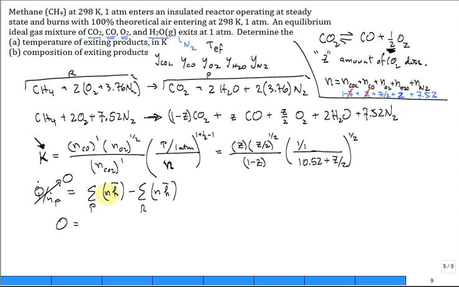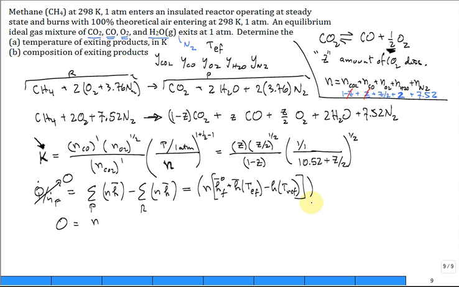The number of moles times the enthalpy of formation plus the enthalpy at the equilibrium flame temperature minus the enthalpy at the reference 298 temperature. All of that for each product.